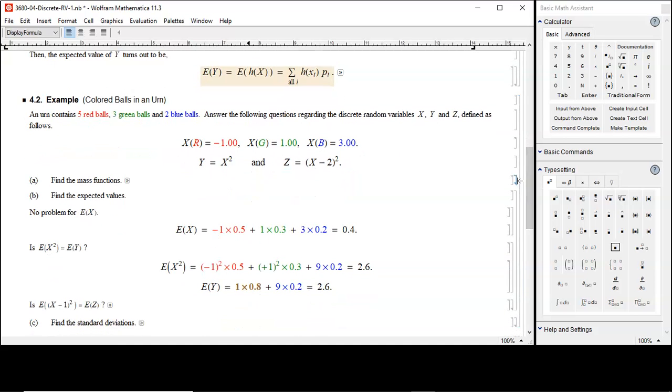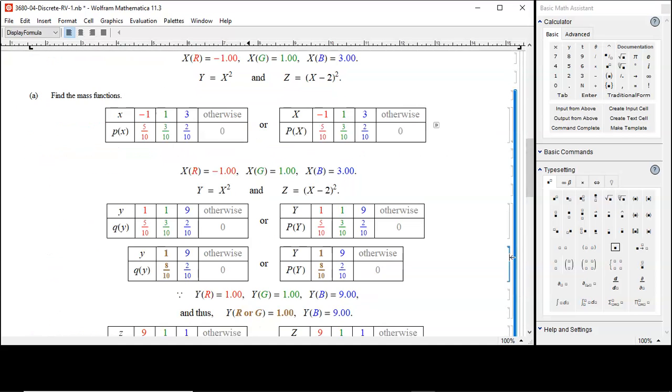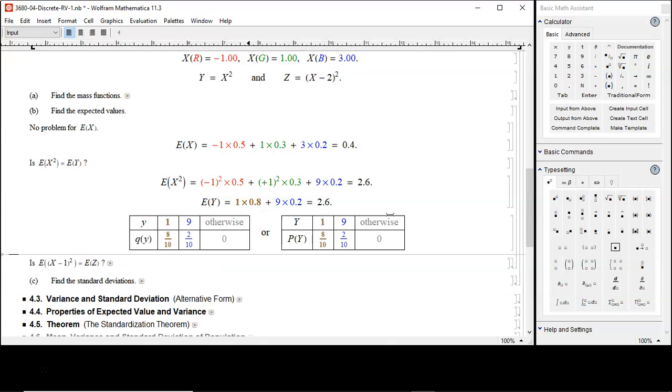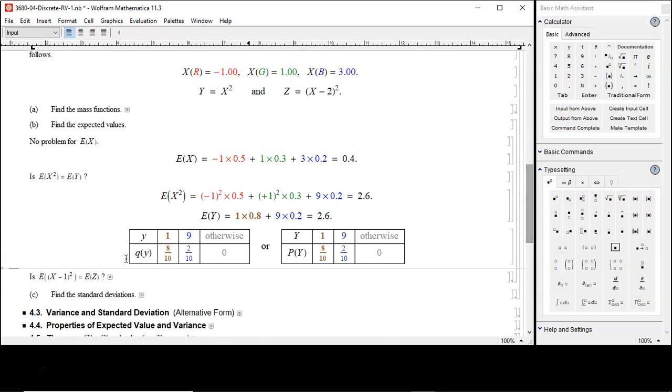Or another way to do it is to go back to this probability mass function of y down here, and then go directly 1 times 1/8, 9 times 2/10, and then add them all up. Do you get the same thing?